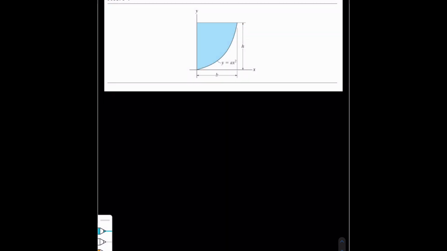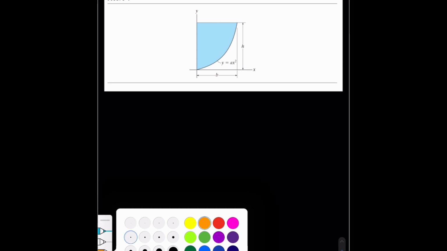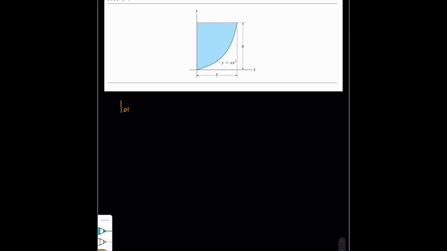Finally, for this example problem, we're asked to locate the centroid x of the parabolic area. Now I'm going to write that here. Locate the centroid x here.